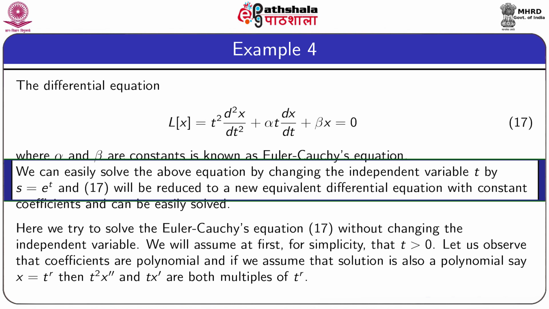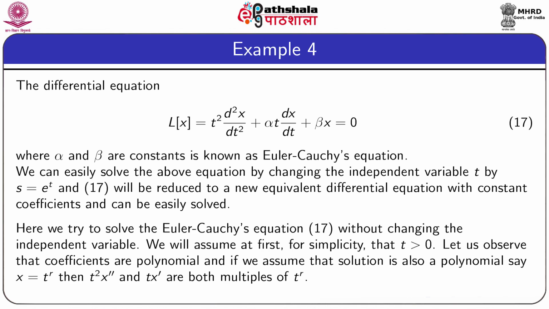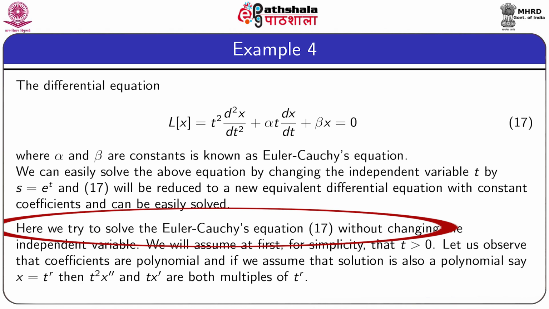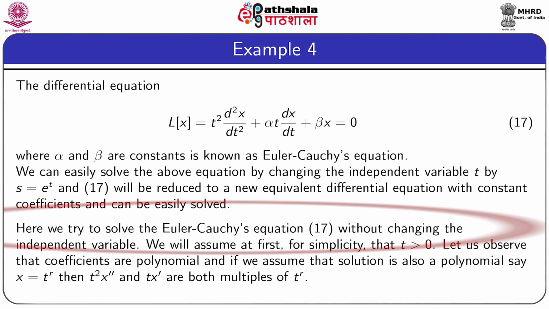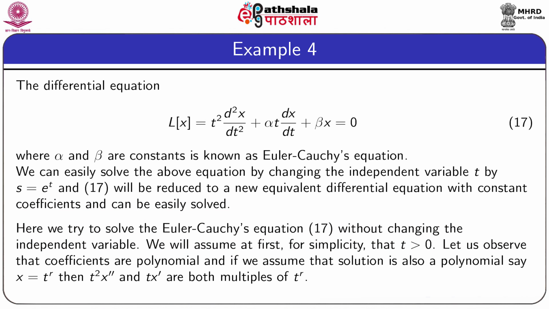We can easily solve the above equation by changing the independent variable t given by s equal to e to the power t, and equation 17 will be reduced to a new equivalent differential equation with constant coefficients and can be easily solved.